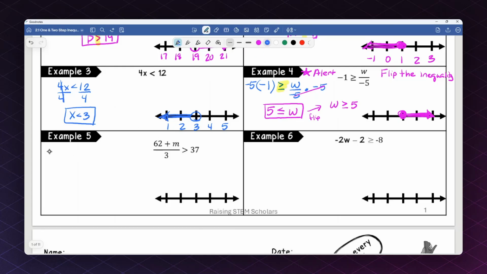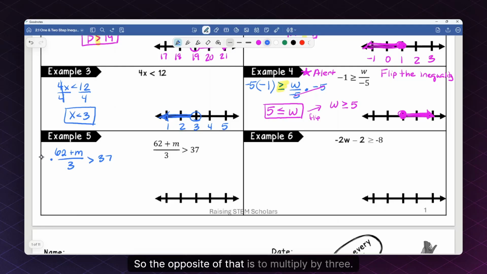Okay, so let's look at this next one. We have 62 plus m divided by 3 is greater than 37. So to get rid of that denominator, when it's a fraction, it's a division problem. It's being divided by 3, so the opposite of that is to multiply by 3.